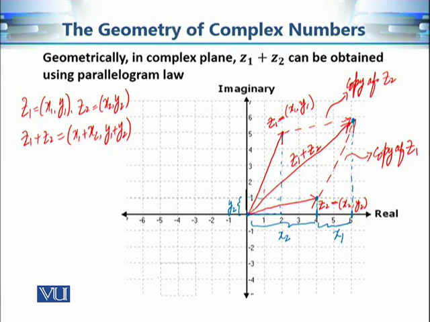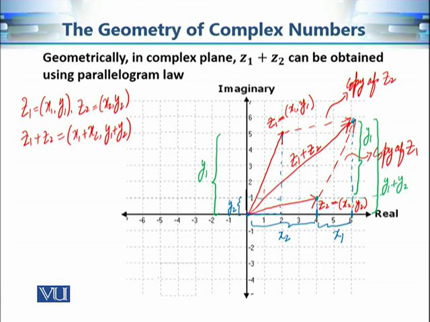Similarly, we know that this distance is y1. So when I translate this vector associated to z1 to the point z2, this distance becomes y1. So in fact, this length is now y1 plus y2, since this length is y2.